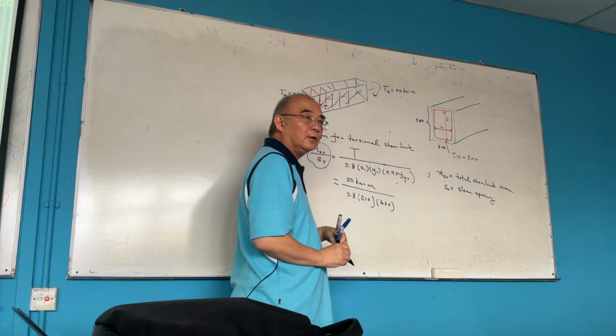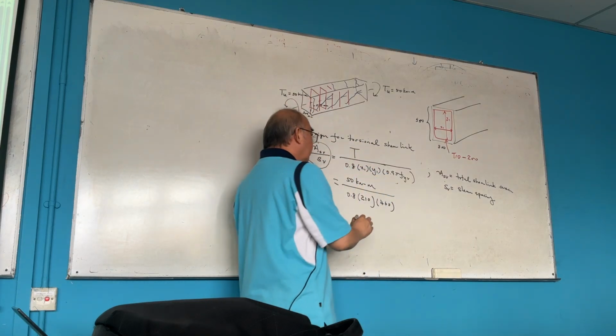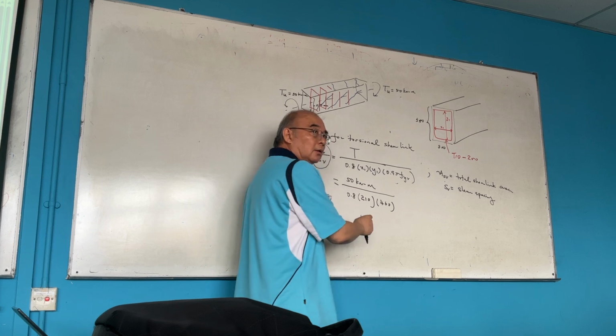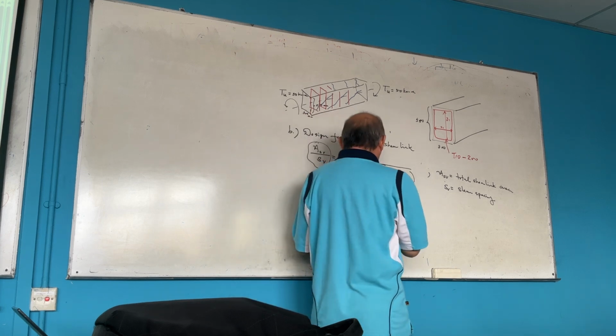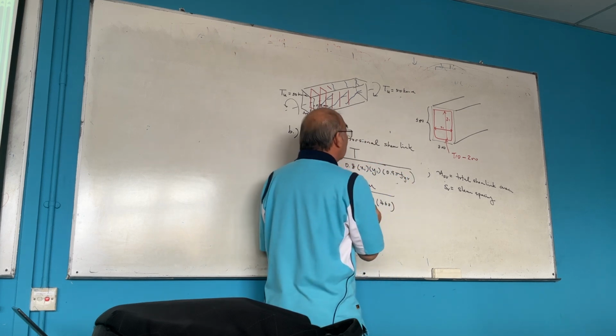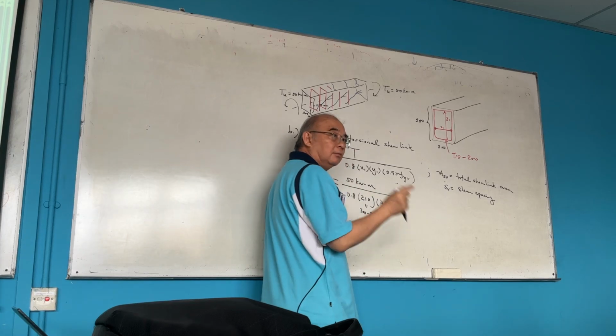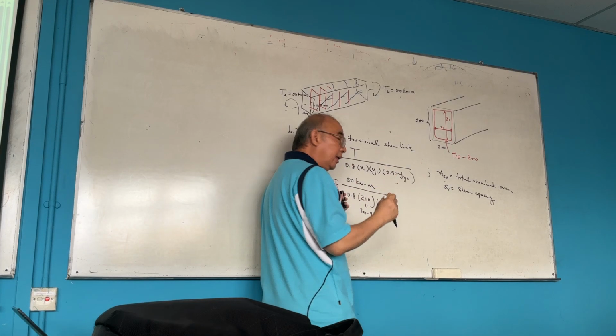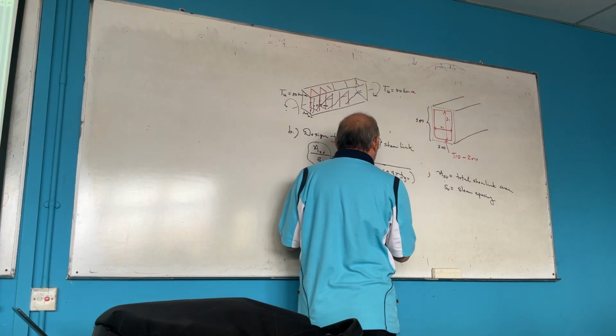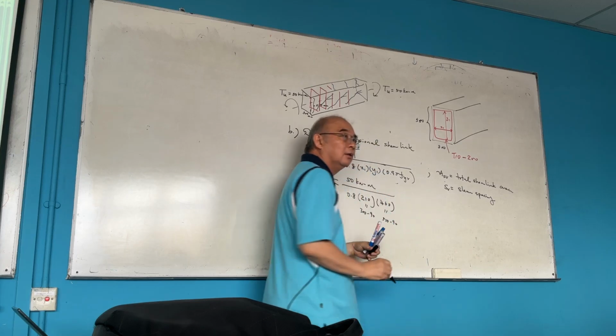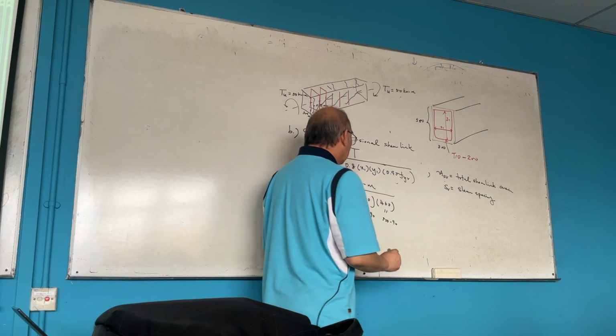Understand? In other words, this one is equal to 300 minus 90, minus the both side cover and the rebar, and this one is 550 minus 90. That's how it comes about.